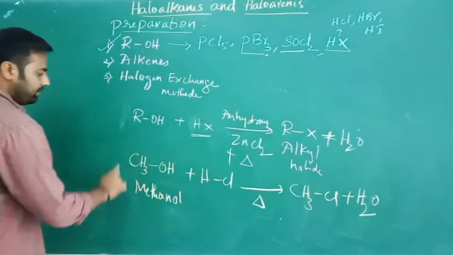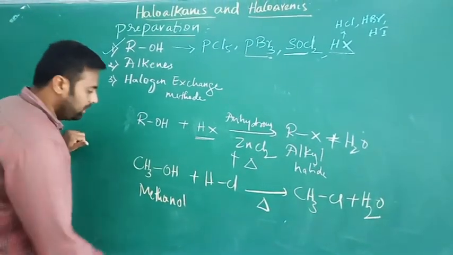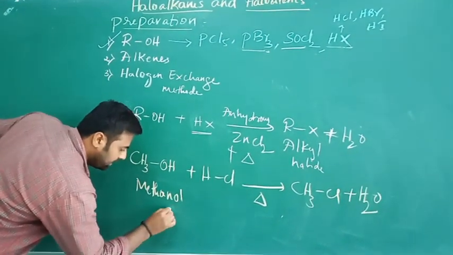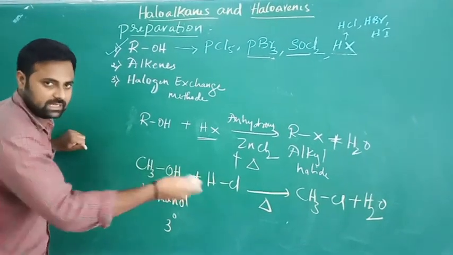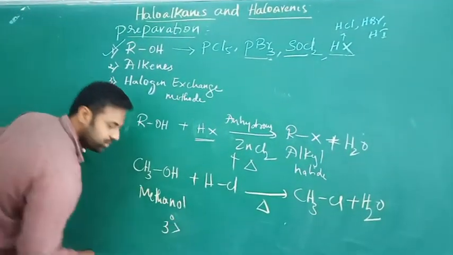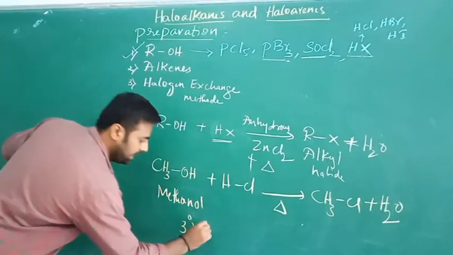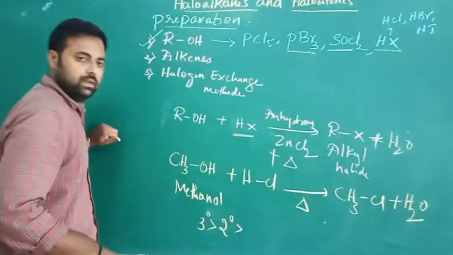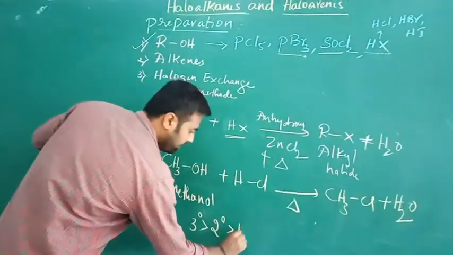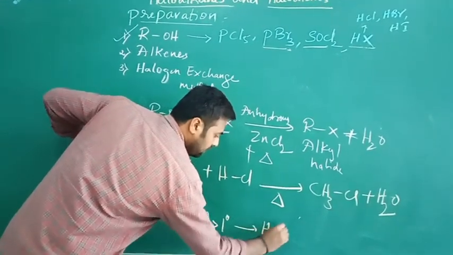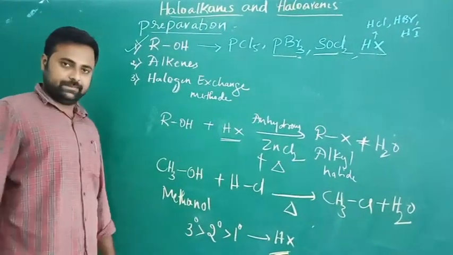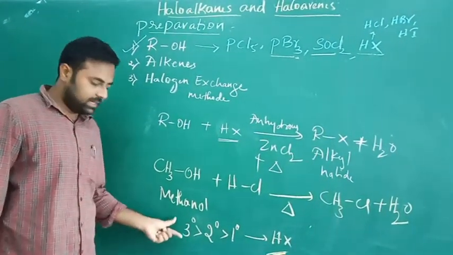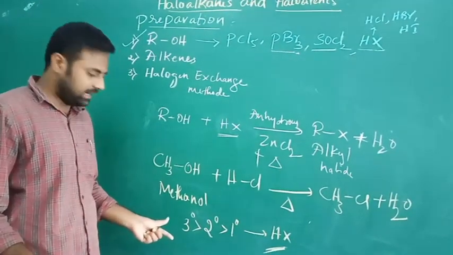Here, this is a primary alcohol. The reactivity of alcohols towards the halo acid will be like this: tertiary alcohol is more reactive than secondary alcohol, and secondary alcohol is more reactive than primary alcohol. Why are tertiary alcohols more reactive than secondary?